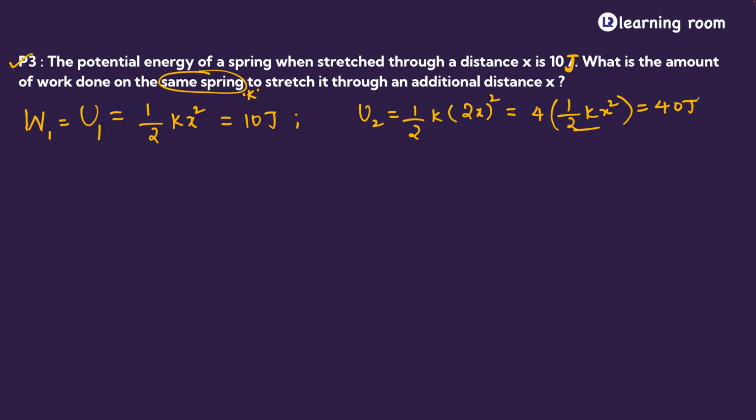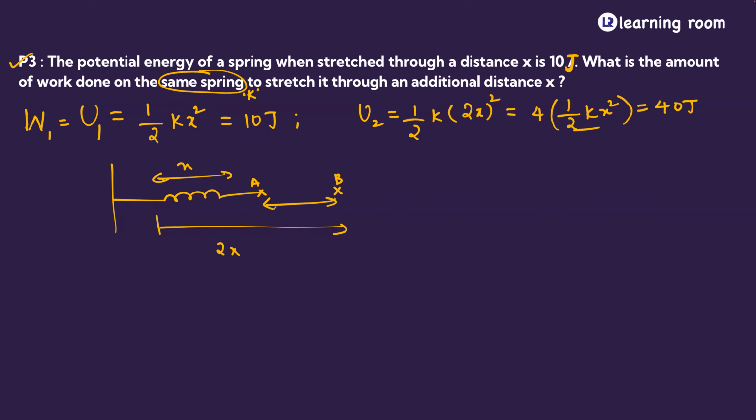So when the spring is extended, so observe, this distance is x, and let's say this is going to be 2x, right? They're asking how much work are we supposed to do to extend the spring from here to here? When you want to extend the spring through an additional distance of x, right? So here already how much is the energy that is getting stored? Here it is 10.